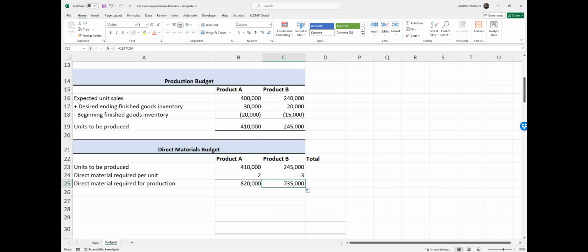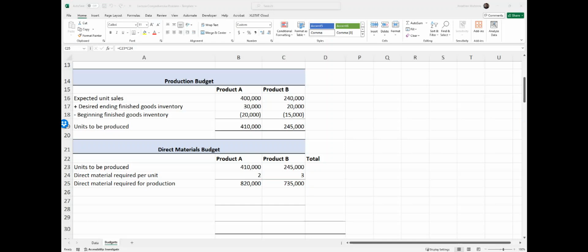How much material do we want to hold on to at the end of the period so that we can start our production the next period? Do we have any material in beginning inventory? If we do, we need to subtract that so that we will know exactly how much direct material we need to go out and buy, so that we can meet our production and also be left with a little bit of inventory for the next cycle.